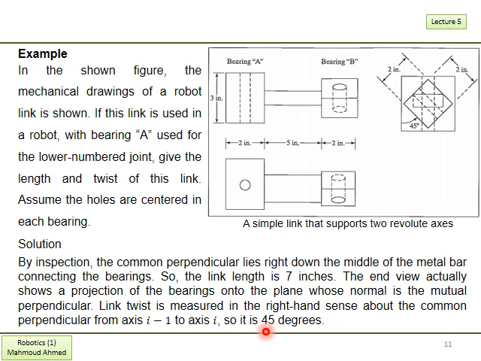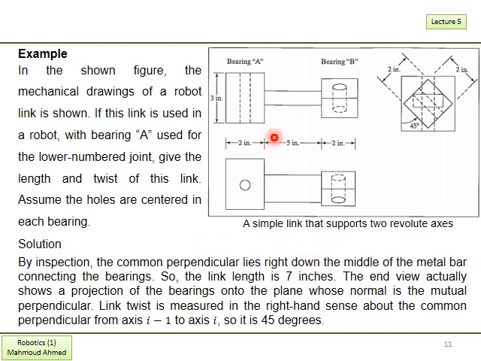By this simple way, we can describe any link in our manipulator chain, which can be described with only two parameters, which are the link length and the link twist.